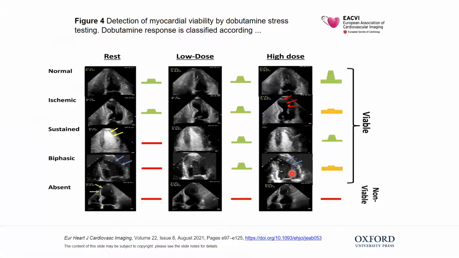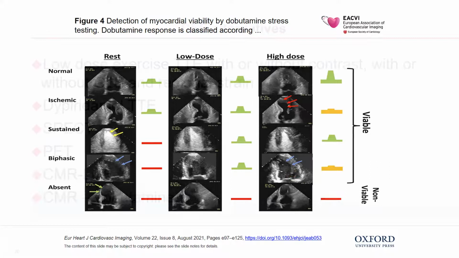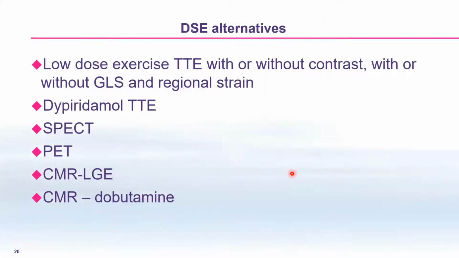I don't like the high dose dobutamine testing because there are quite a lot of adverse effects. So you can have arrhythmia, you can have AFib, you can have a blood pressure drop, you can have the patient with chest tightness, and you can even have myocardial infarction during the testing, or ischemia during the testing. But low dose dobutamine is a good test, and most of the patients tolerate it very well.